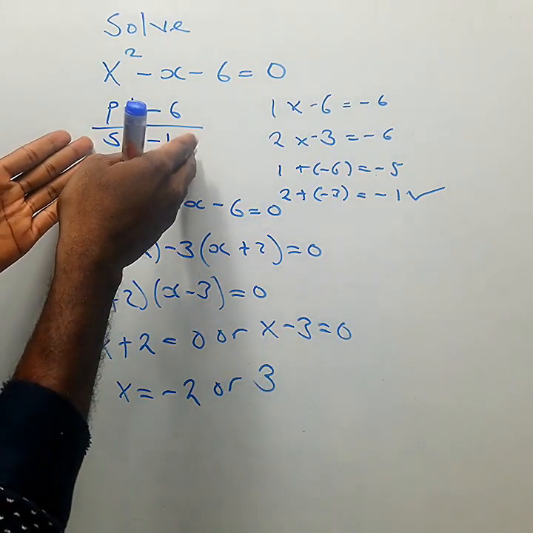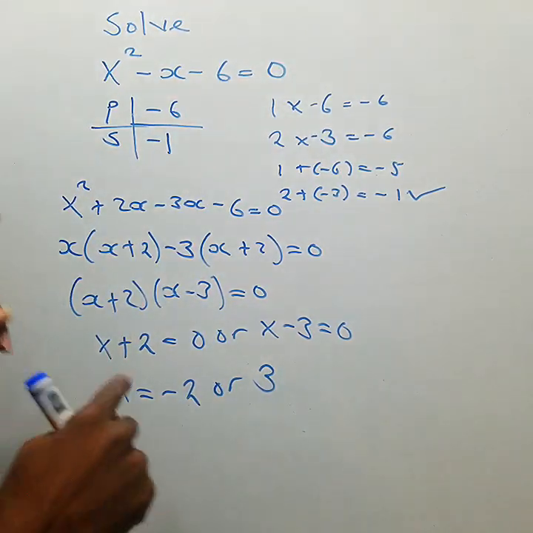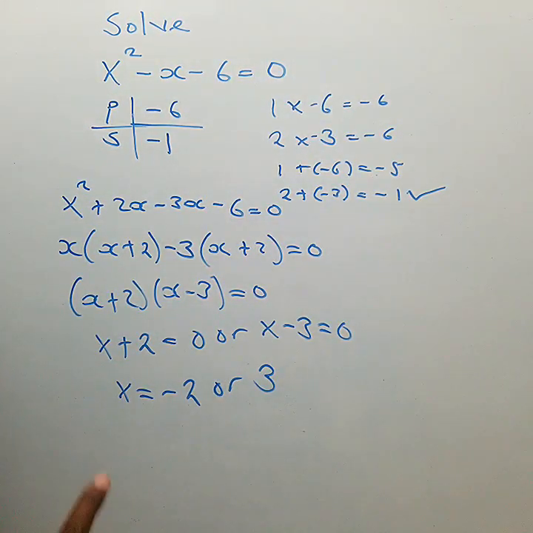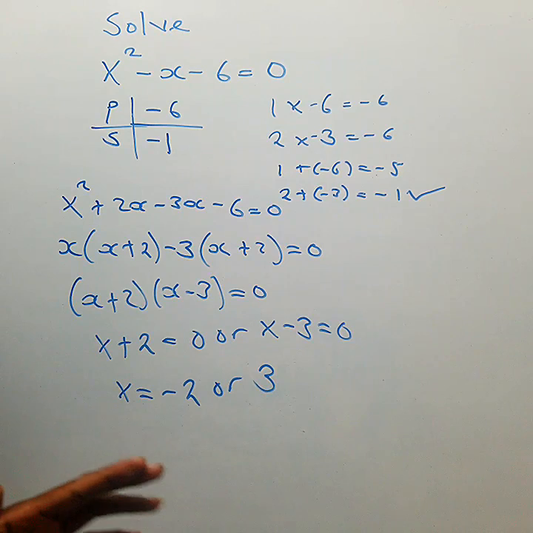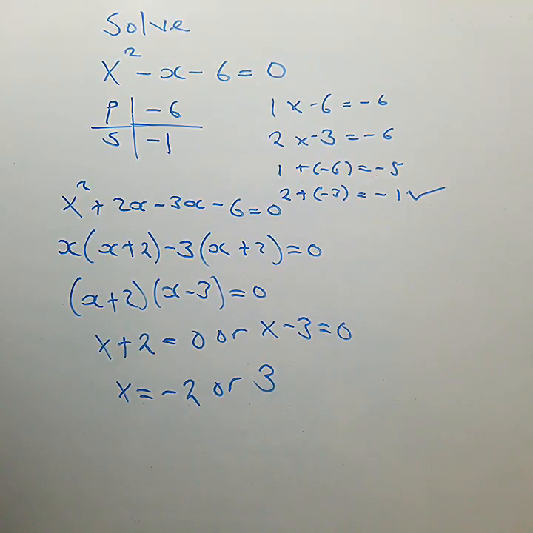That's why the sum is a positive. If you multiply them, there's a negative and a positive, you simply get a negative. But if you add them, the bigger number is a positive, the smaller number is a negative, you definitely get a positive as your answer.